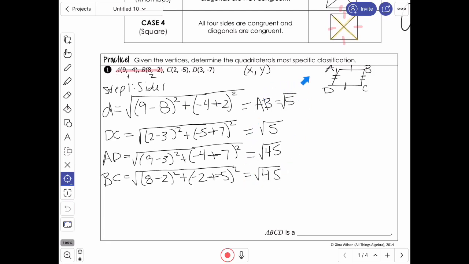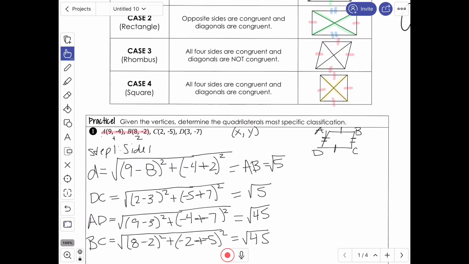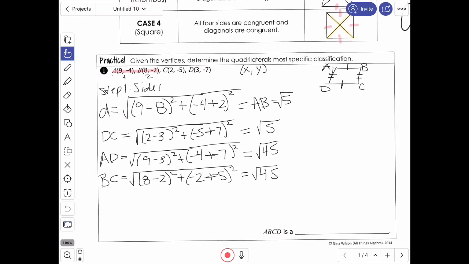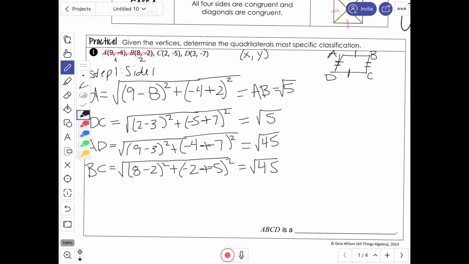I did not show that all four sides are congruent, so I can already say that this is not a square and it's not a rhombus based off of just these cases. So the only way for it to be a rhombus or a square, I would have to have all four sides be congruent. I already showed that's not true. So the only two shapes I'm dealing with are a rectangle and a parallelogram.